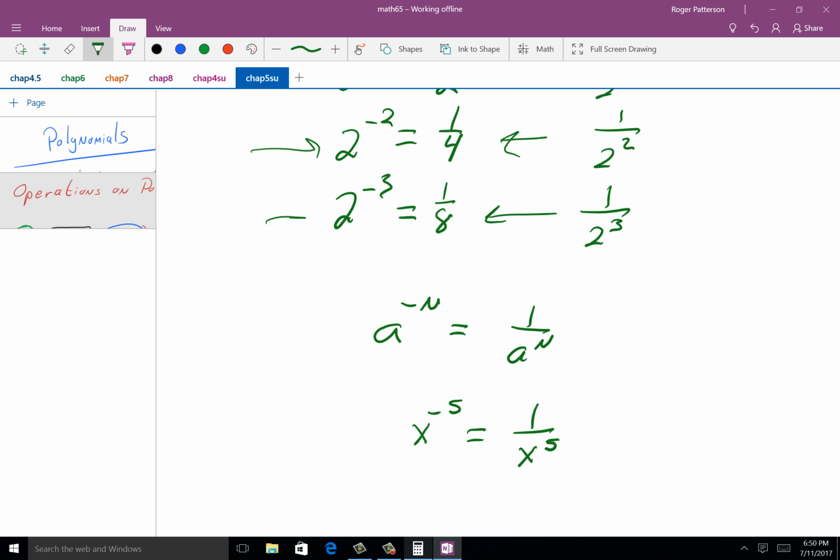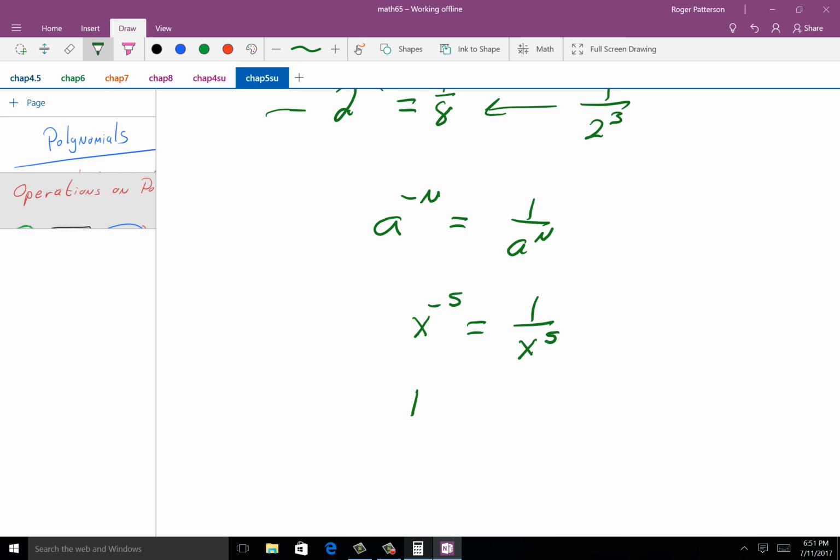They think the term itself becomes negative, or they forget that once they move it to the bottom, it changes to a positive. If the negative is on the bottom, then it moves to the top and becomes positive. So it's flipping from the bottom to the top. That's what happens with negative exponents.